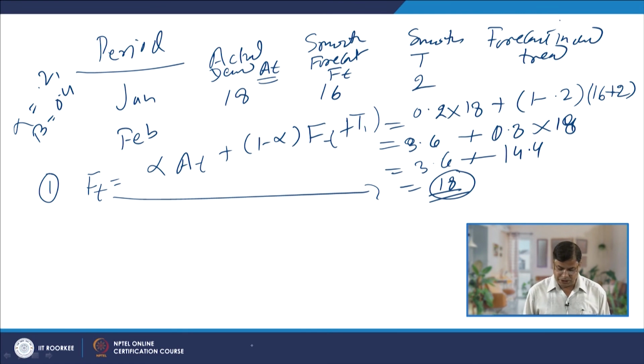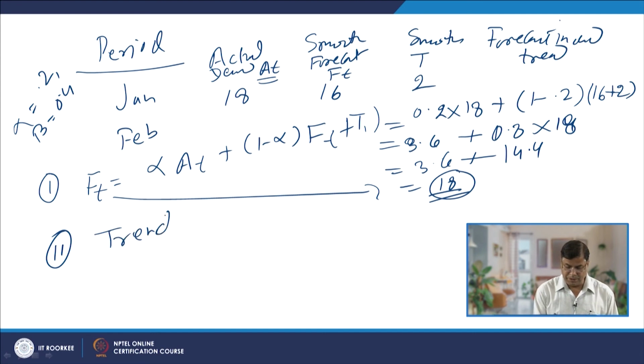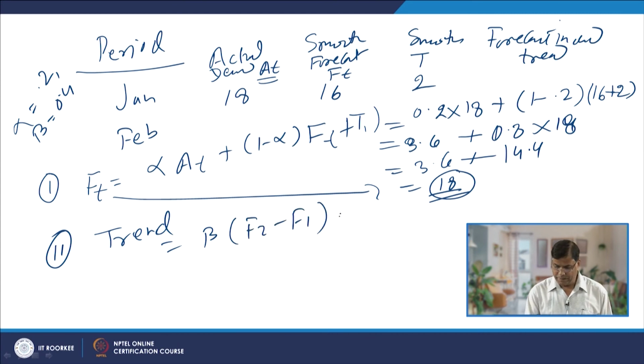This is the first step basically. Then the second step is about the trend: the exponentially smoothed trend is to be determined, and the trend is calculated from beta into F2 minus F1, plus 1 minus beta into T1.